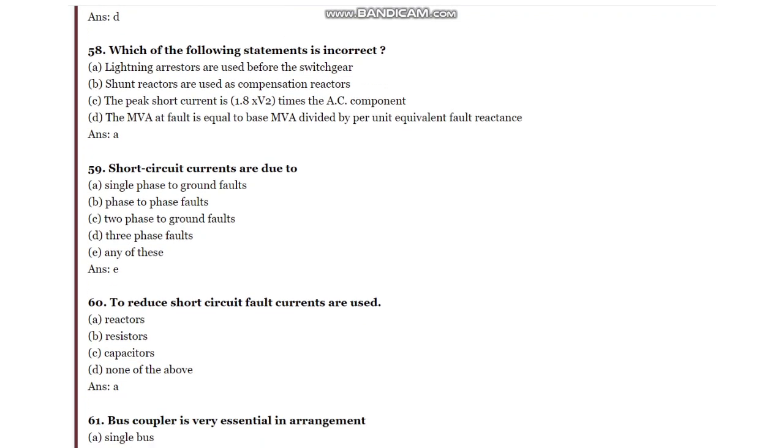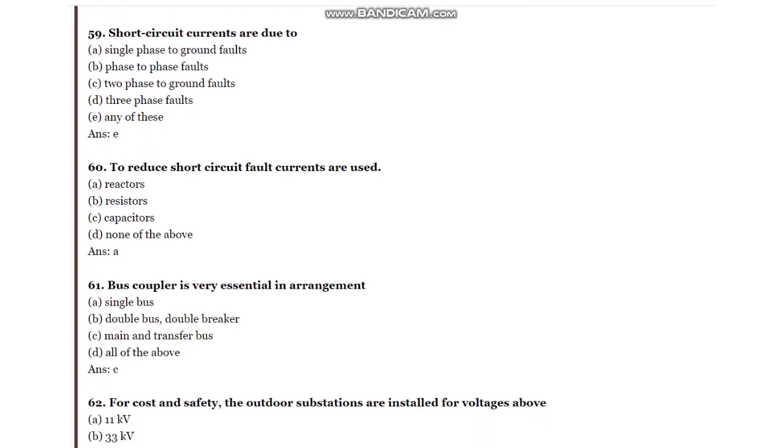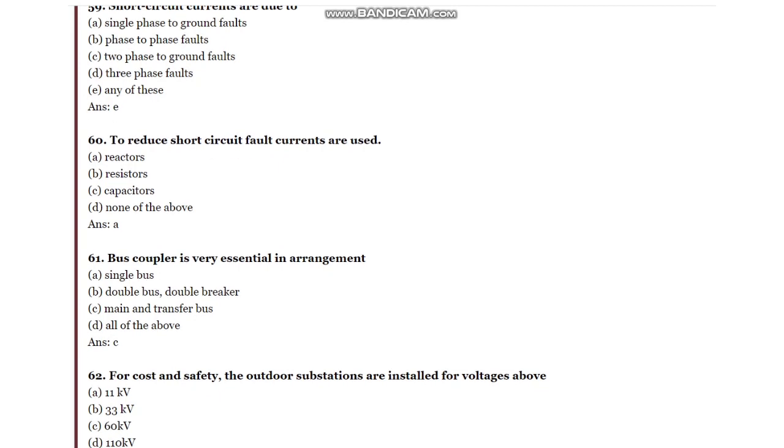Question number 58: which of the following statements is incorrect? Statement A is incorrect. Lightning arrestors are used before the switch gear. Short circuit currents are due to any of these, that means single phase to ground faults, phase to phase faults, two phase to ground faults or three phase faults.